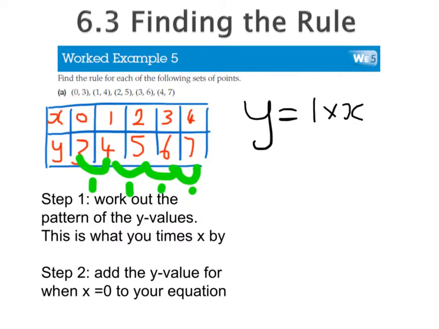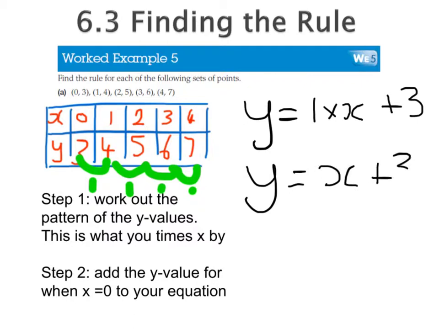And if we look at x equals 0, our y value in this instance is 3. We're going to add that to the equation. If it was -3, I'd be minusing 3, but because it's +3, I'm adding. So my equation would be 1 times x, which is always going to equal x, so it'll be x plus 3.